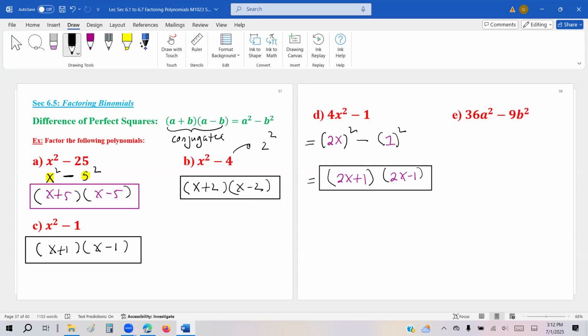Any question? How about the next one then? Perfect. But remember, two terms means which two methods do we have? What's the first method?